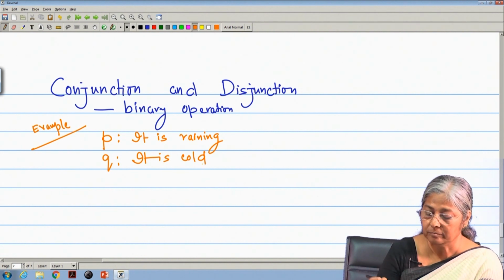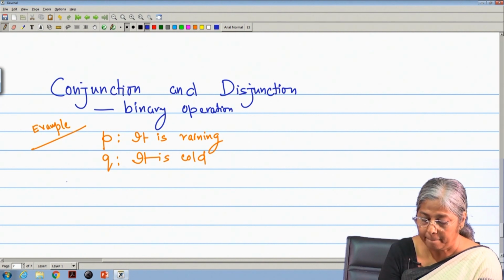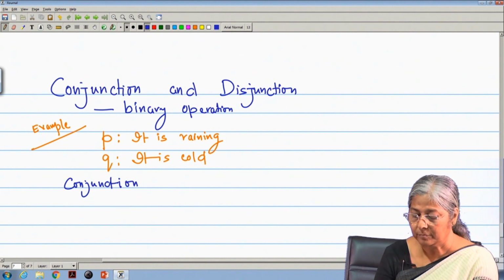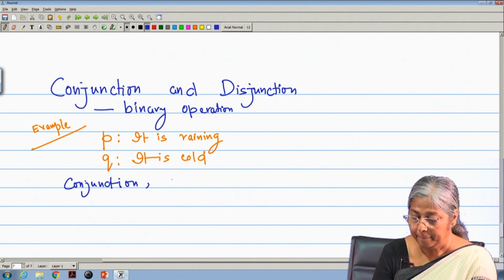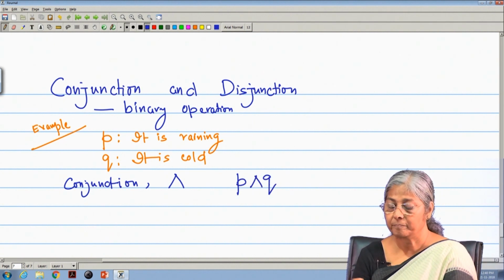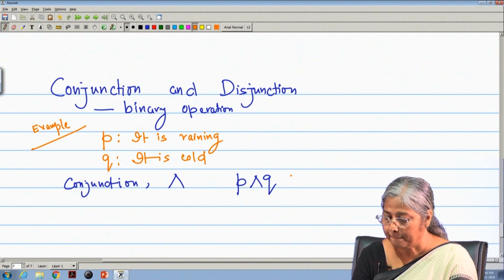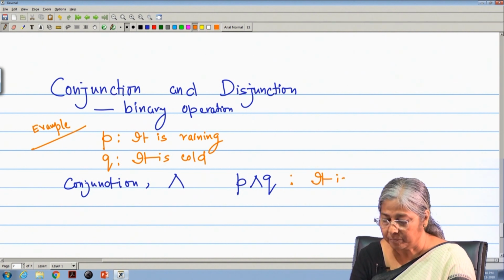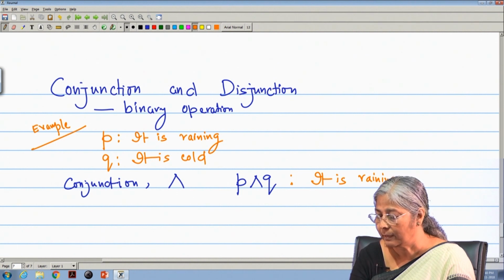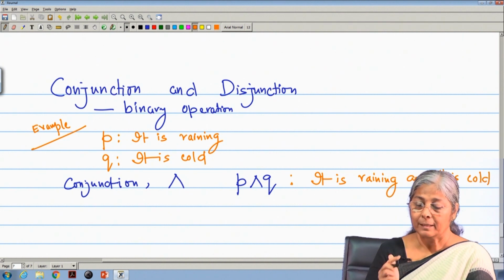Now, conjunction we define like this. We denote this with a symbol and write P and Q, and it tells us that it is raining and it is cold. What is disjunction?